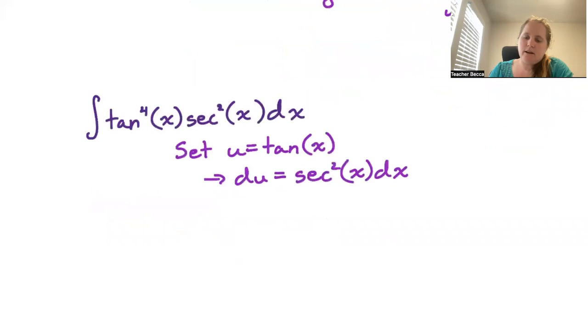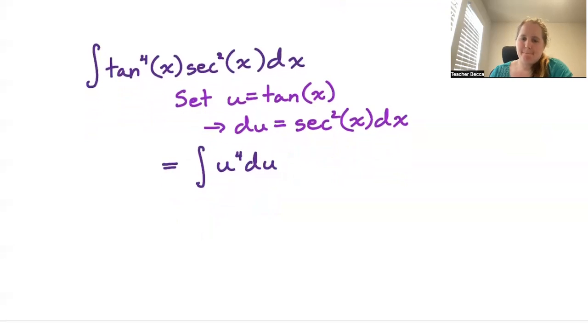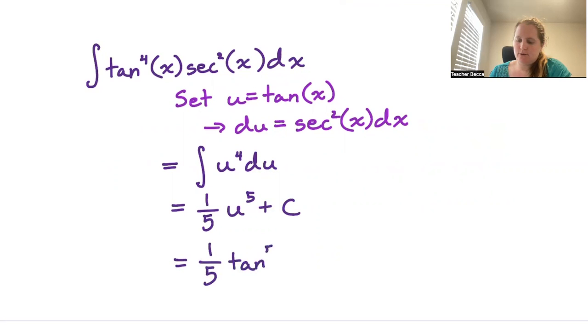So we are looking at the integral of u to the fourth du, otherwise known as 1/5 u to the fifth plus c, or 1/5 tangent to the fifth of x plus c.